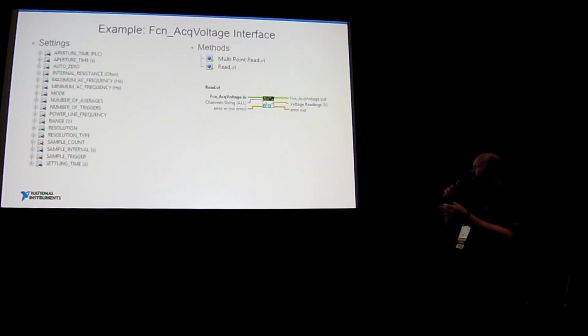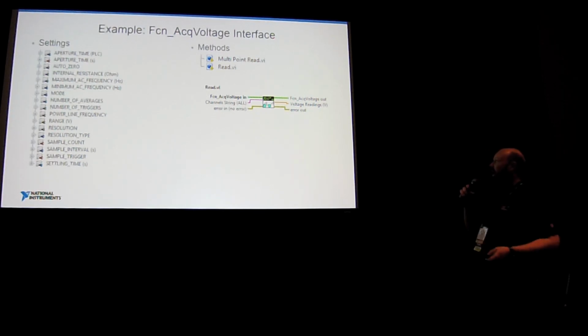And this is just an example of an acquire voltage interface that we have. Maybe I should back up from a terminology standpoint. We call it FCN, which stands for function. We just abbreviate it so we don't have to write it out. And then ACQ for acquire, GEN for generate, and DRV for driver.